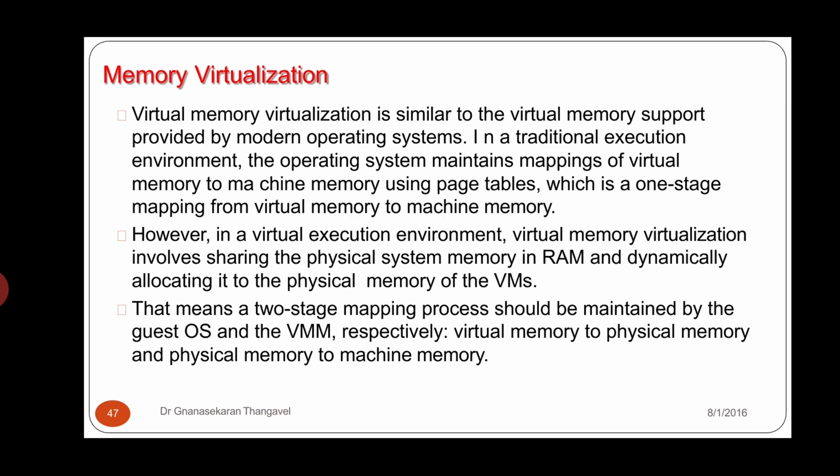That means a two-stage mapping process should be maintained by the guest operating system and the virtual machine monitor respectively: virtual memory to physical memory, and physical memory to machine memory.